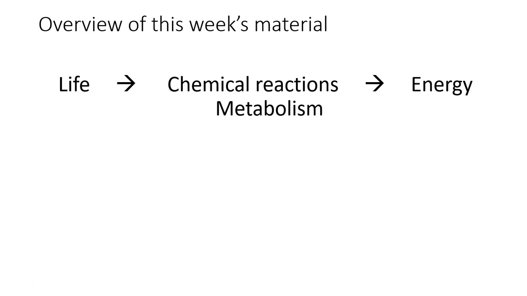And so chapter 6 is all about metabolism. Metabolism means all the chemical reactions that occur in a cell or in an organism. The reason that these chemical reactions take place is to build molecules that you need and to break down food molecules to give you energy.